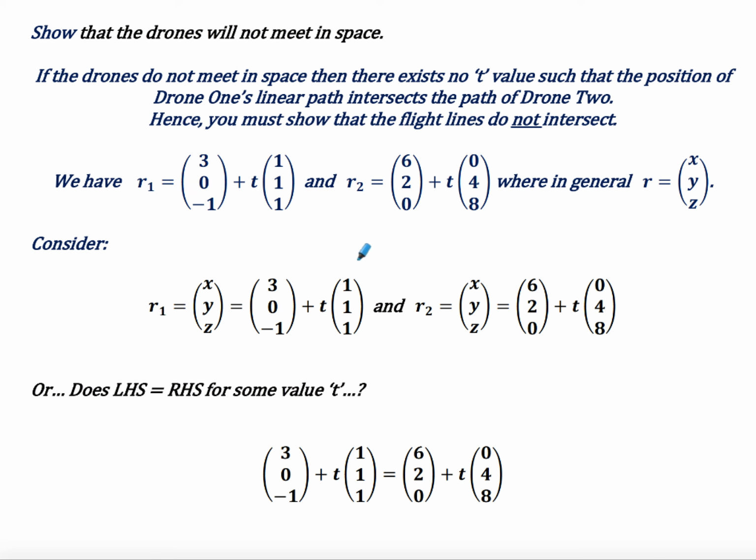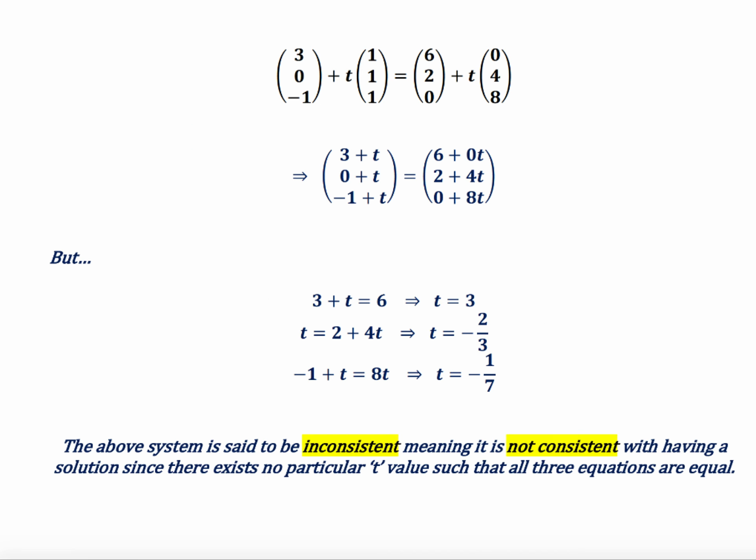And the way we accomplish that is very similarly to how we saw more theoretically when 2 lines do intersect. You basically just want to say, okay, does this entity here actually equal this here? So let's actually try to solve and force this system to give us the same t value. And as it turns out, when you're trying to equate these two, and again, we don't have s and t like we did previously, where you had to solve any 2 of the 3 equations and then confirm it in the third one.